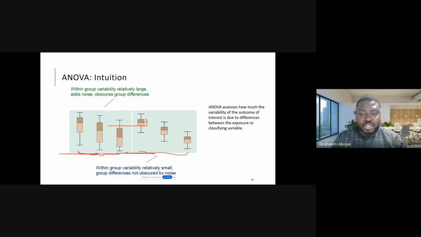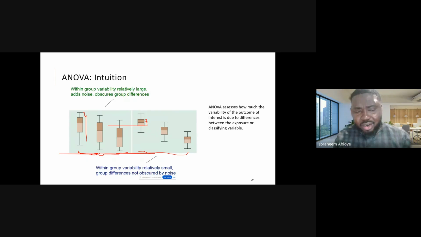So what ANOVA is doing is assessing how much of the variability is due to differences between the groups while accounting for the variability within the groups.